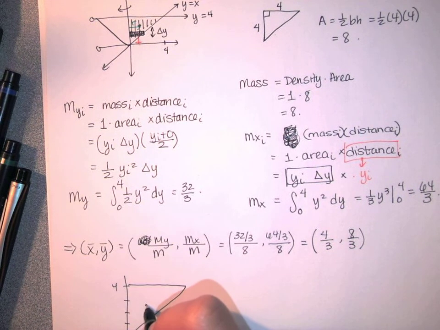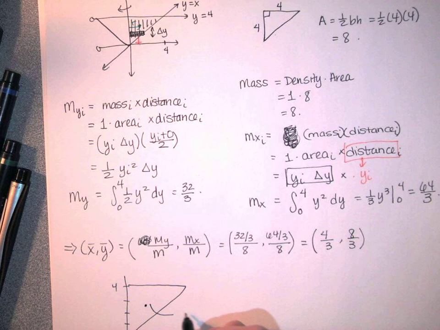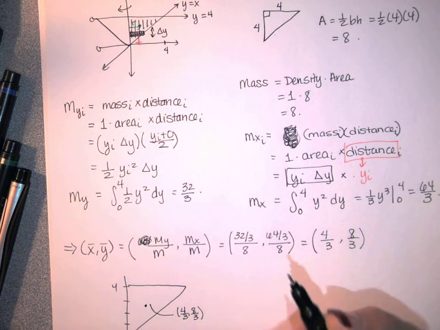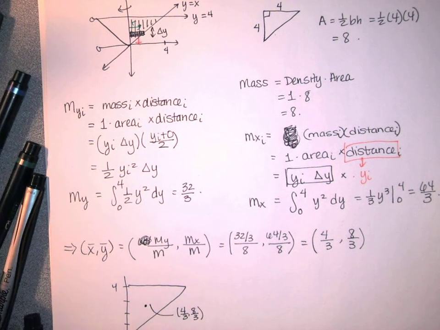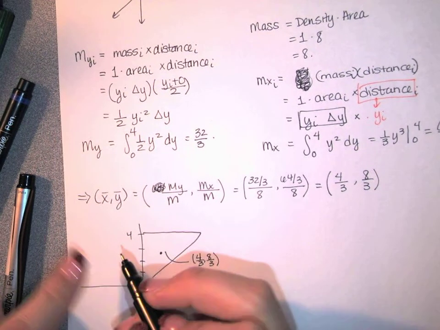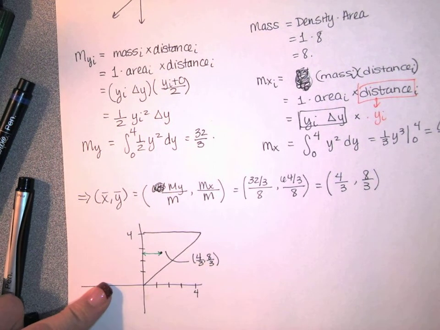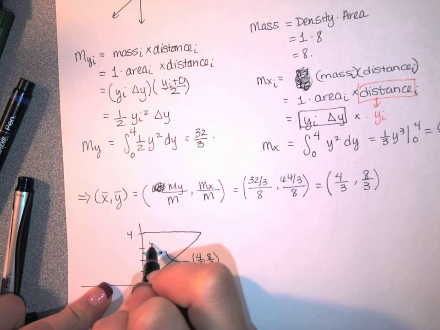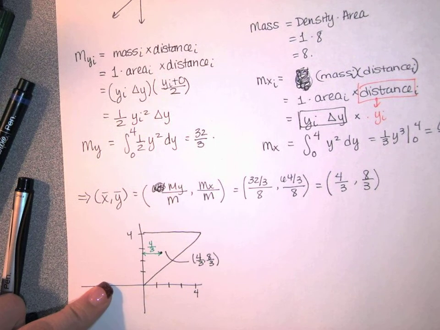So our center of mass is right there. And r is the distance from that center of mass to the axis that we're revolving around. Well, what's that distance? Isn't that just the x value? It's just 4/3.